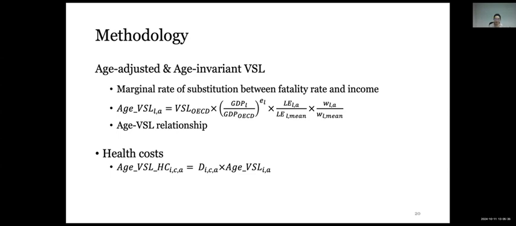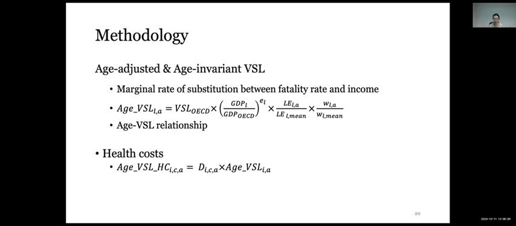The value of social life from OECD countries is based on a meta-study of over 300 contingent valuation studies, so that is probably one of the most commonly used base values in this kind of study.